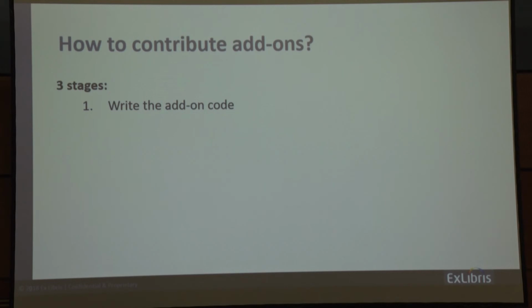The second stage is publishing the add-on to NPM. The third stage is to create a descriptor, and I'll talk a little bit about what that is. You want to append that descriptor to the features.json file, which I talked about before, sitting in a GitHub repository.